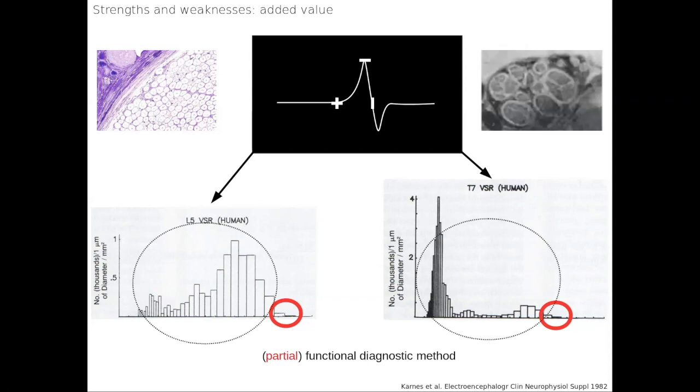So here maybe the morphological assessment, be it either using aminography or of course a high resolution ultrasound, can give you more information on the rest of the nerve, the integrity of the rest of the nerve fibers.